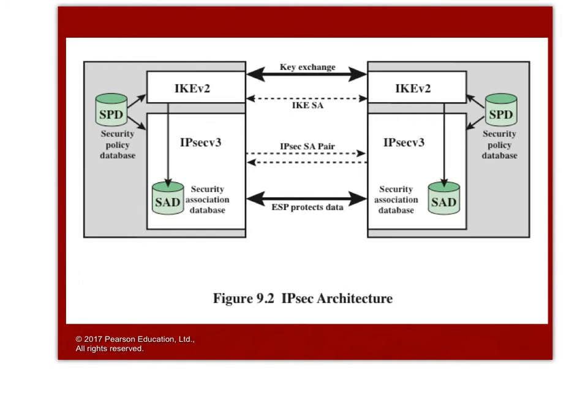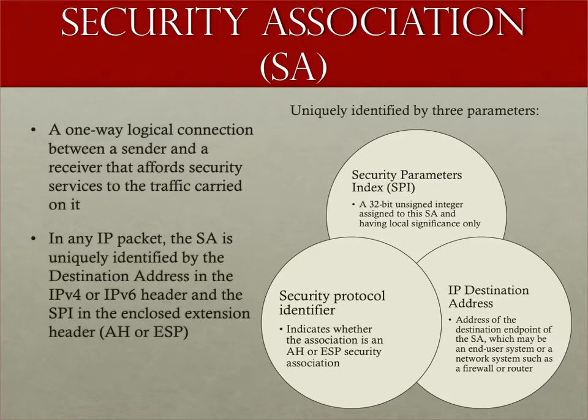Similarly, these messages for IKE are used to establish a new security association. So you do not have to put these messages in a tunnel. That does not work this way.